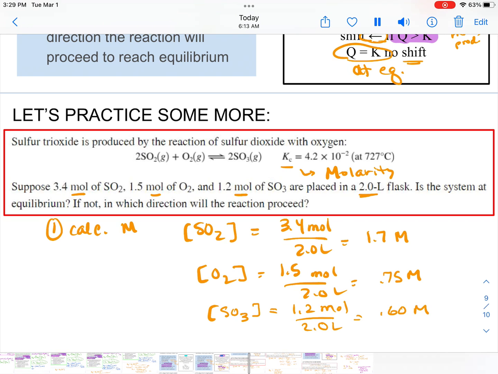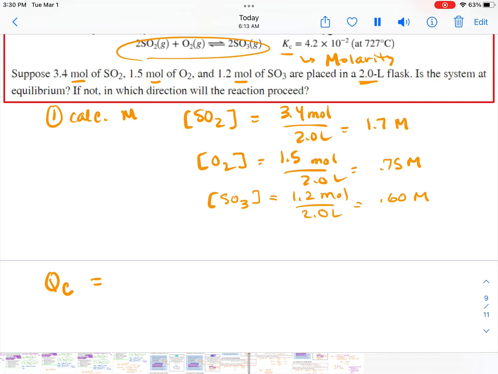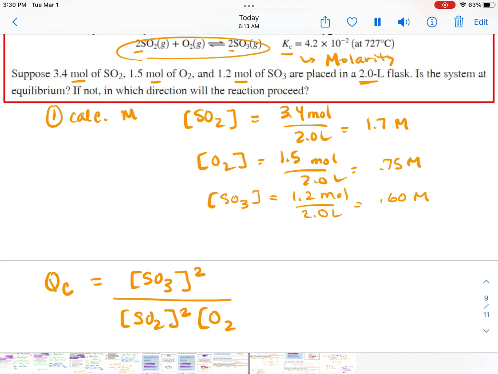Okay, so now this is at some point in time, and they want me to tell them if this is at equilibrium or not. So I need to solve for Q so that I can compare it to K. Q, in this case, would be a Qc because it's molar concentration, and it would equal, from the equation, the products, the SO3 gas squared, over the concentration of reactants, the SO2 gas squared, and remember that the squares come from the coefficients, times the other reactant in the denominator, the O2 with a coefficient of 1.